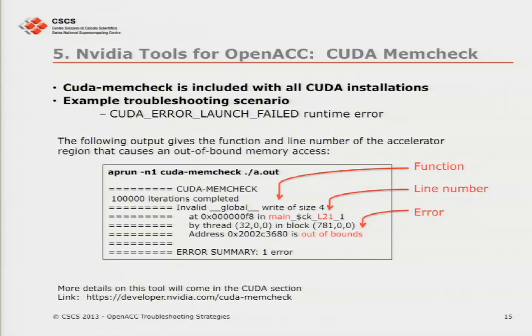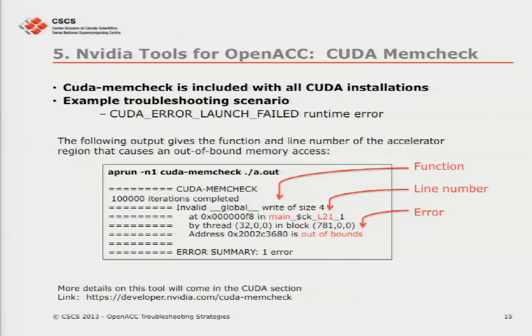You can use some of the Nvidia tools with OpenACC. CUDA Memcheck is one thing you can use. Maybe tomorrow we'll hear more about CUDA Memcheck during the CUDA specifics talks. But you can use it with OpenACC.